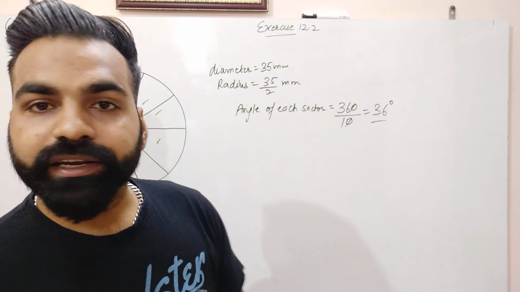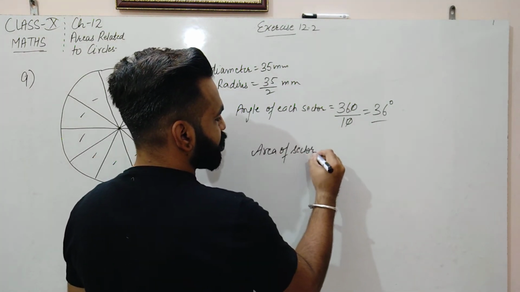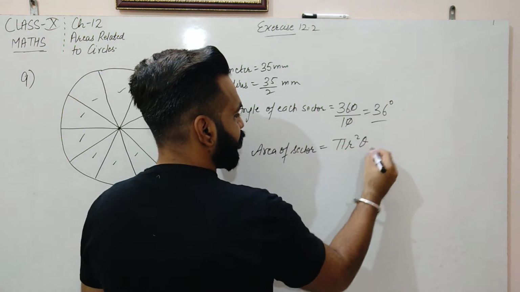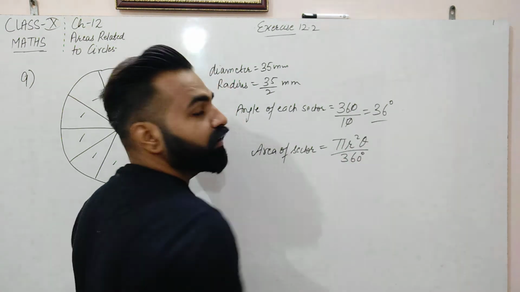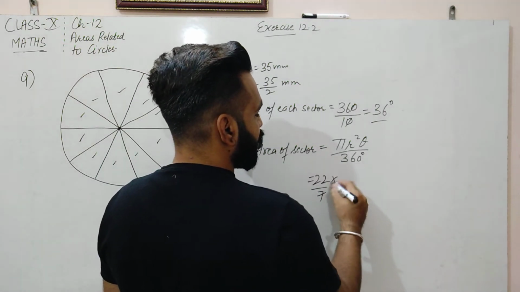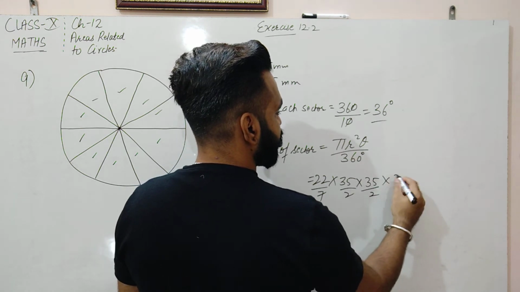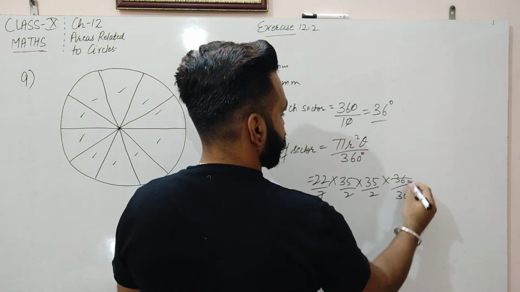Now we will find the area of the sector. So area of sector will be equal to pi r square theta divided by 360. We have to put the values here. Pi is 22 by 7, r is 35 by 2, theta is 36 divided by 360.